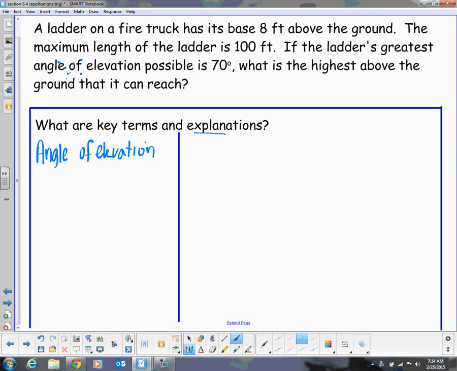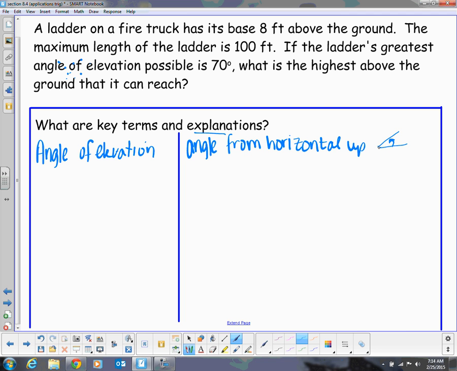It's from a horizontal, up. How about one picture? Here's our horizontal, angle of elevation. So we've got an angle of elevation in this problem. What else do you think is a key term?